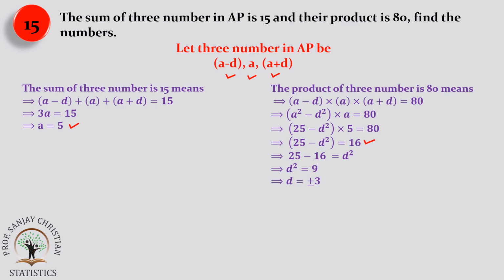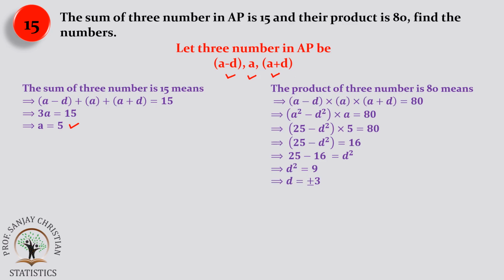So 25 minus D square equal to 16. Now we take minus D square to one side and 16 to the other. So we get 25 minus 16 equal to D square. 25 minus 16 is 9. So D square equal to 9.